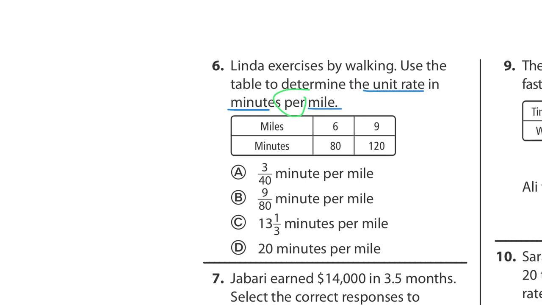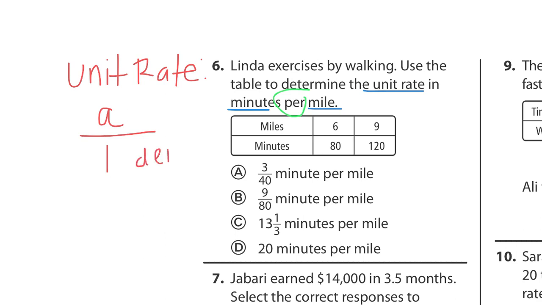So the unit rate needs to have a denominator of 1. So it needs to have the bottom 1. If I have a letter A, my unit rate needs to have a denominator of 1.